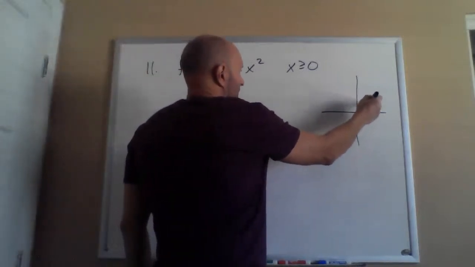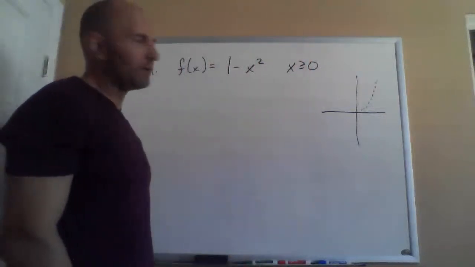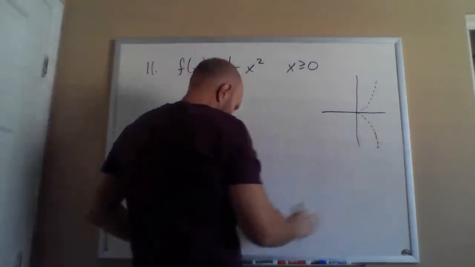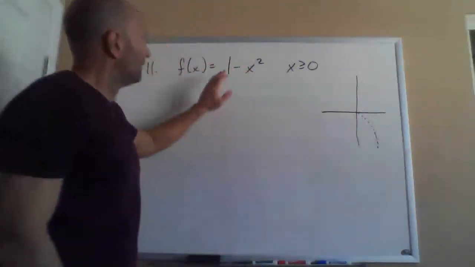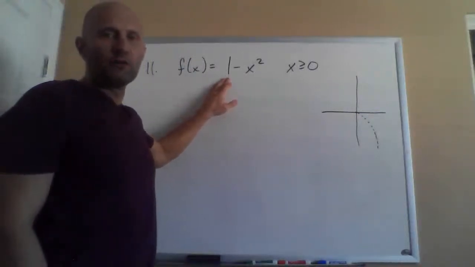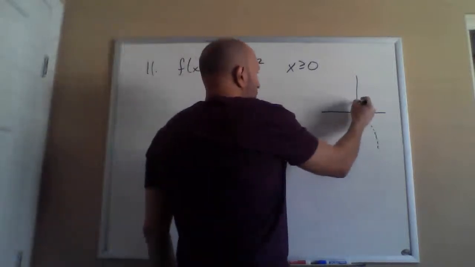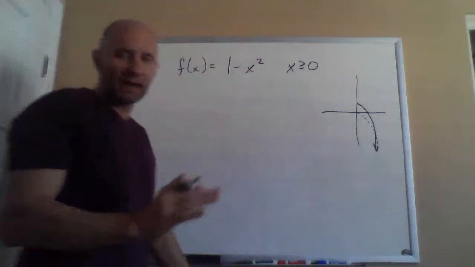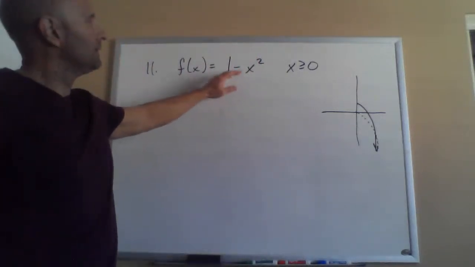So instead of being this part, which is just x squared when x is greater than 0, it reflects on the x-axis, so now it's pointing down. And then this +1 does what? That's our vertical shift. So it slides the whole thing up 1. So we basically have that graph there. That's what this function is indicating.